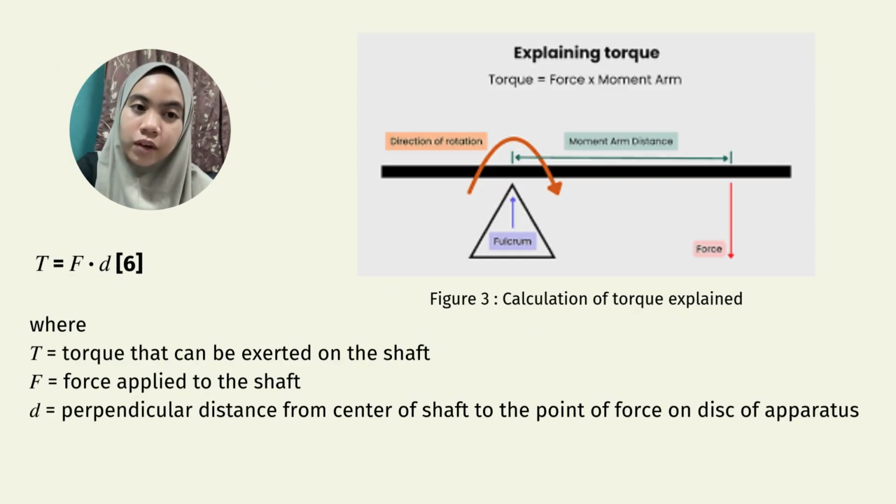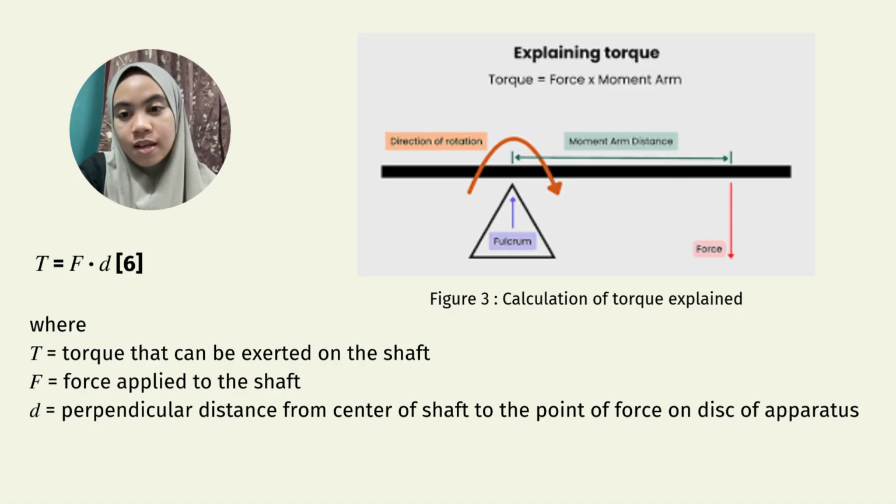As I mentioned in the previous slides, T is the torque that can be exerted on the shaft. So the formula of T is force multiplied by distance. The force applied to the shaft is the different loads that we use in this experiment, which are 5 Newton, 10 Newton, 15 Newton until 25 Newton.